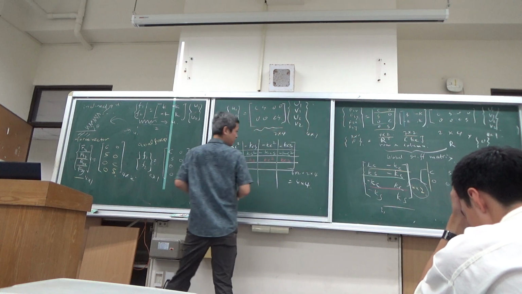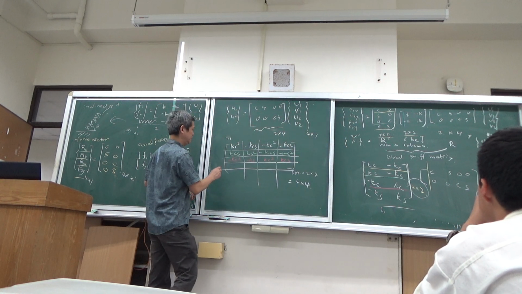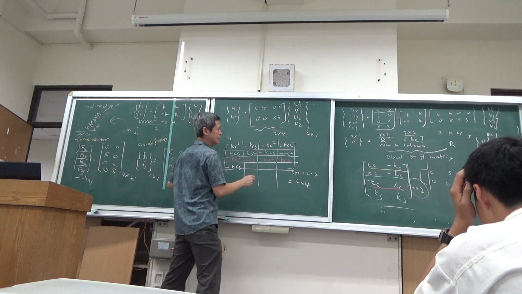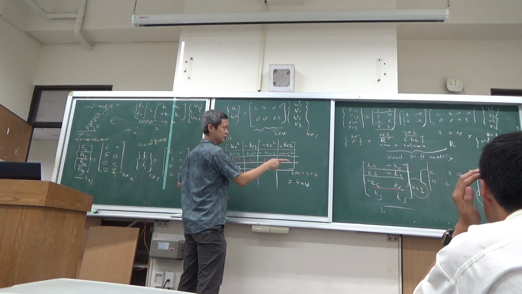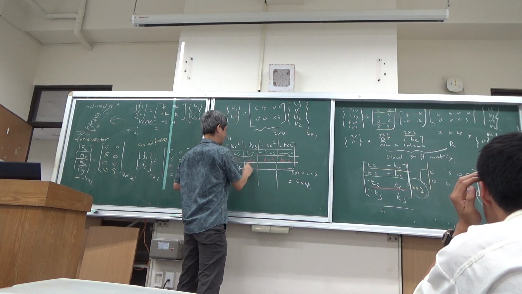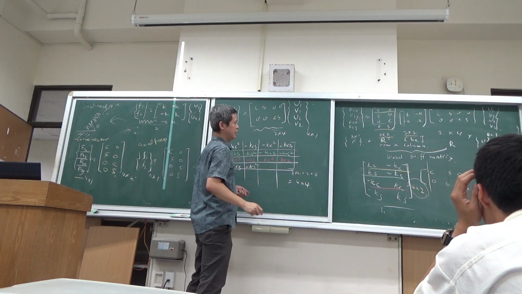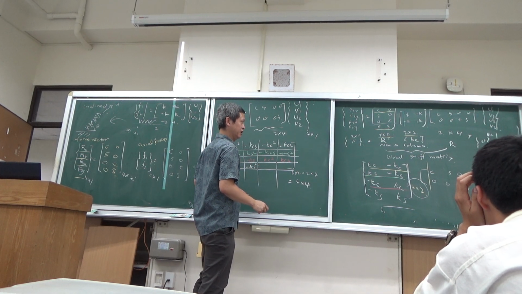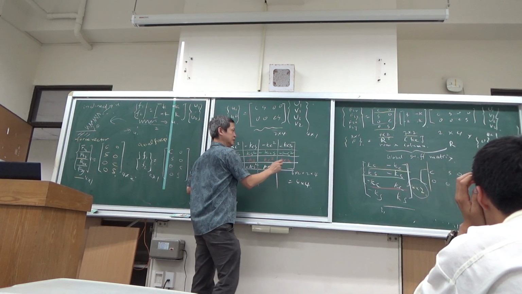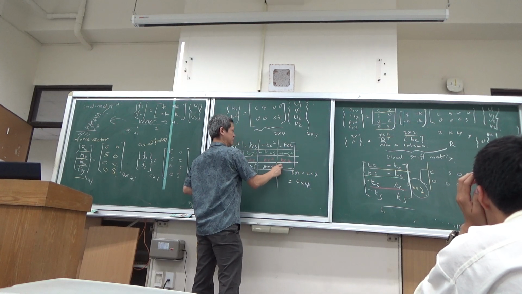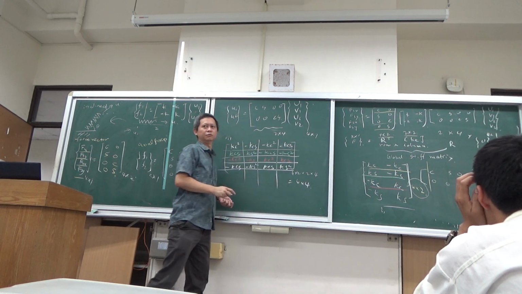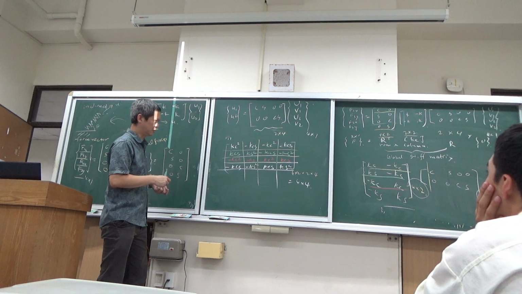Then you have your minus KCS, and then what else? You're going to have your minus KS square, and then next you're going to have your KCS, and then you're going to have your KS square. Please try to do it yourself, then you know the operation.